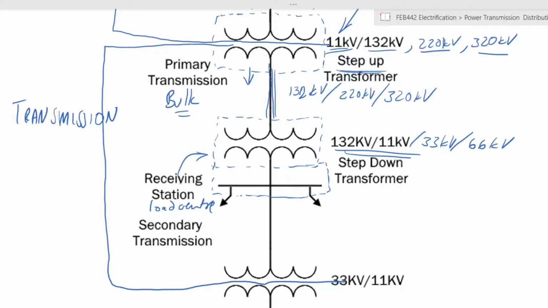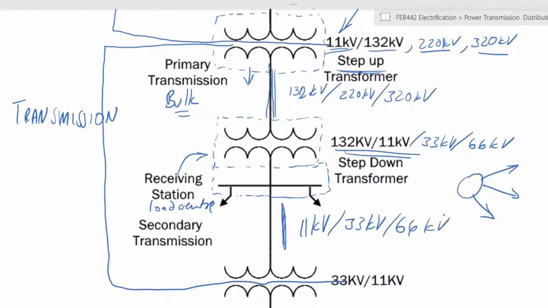You'll have your load center, your receiving station, and then it sends out various lines, taking it closer to where it needs to be used. So at this stage, you can be at 11 kV, 33 kV, or 66 kV.